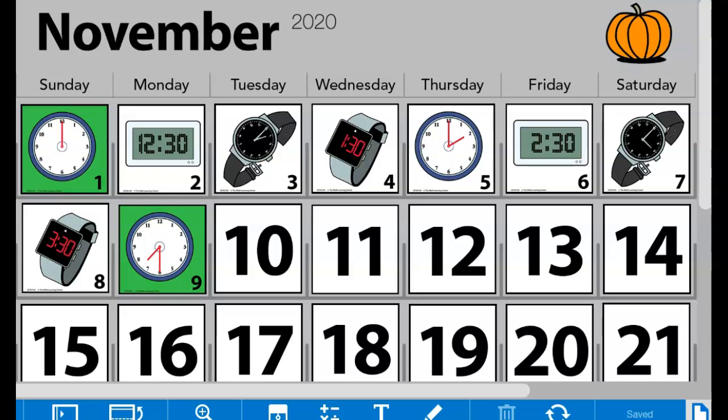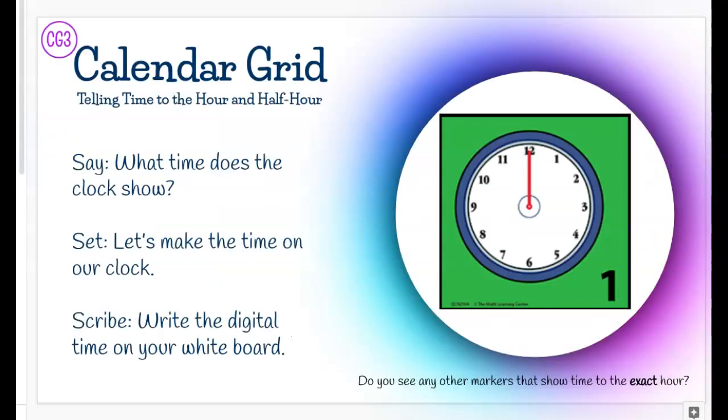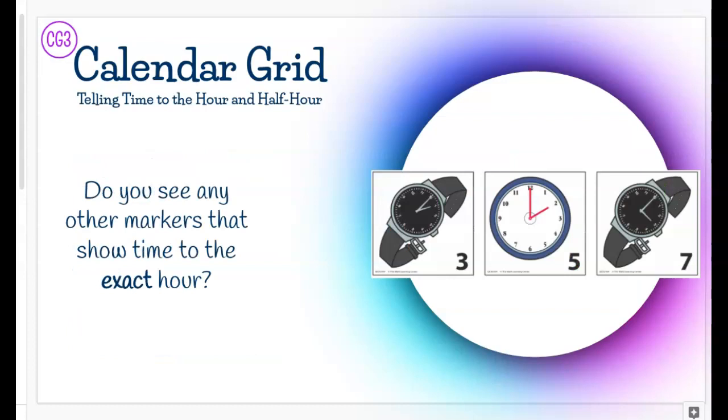Do you see any other markers that show time to the exact hour? Some of the markers that show time to the exact hour are the marker on the 3rd, on the 5th, and the 7th. Let's look at each of these.